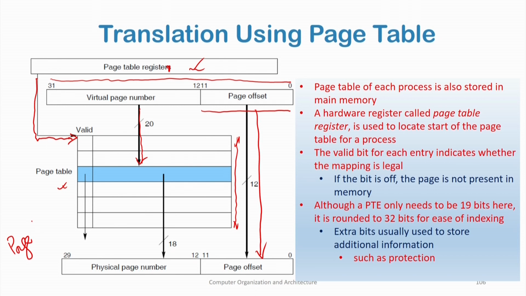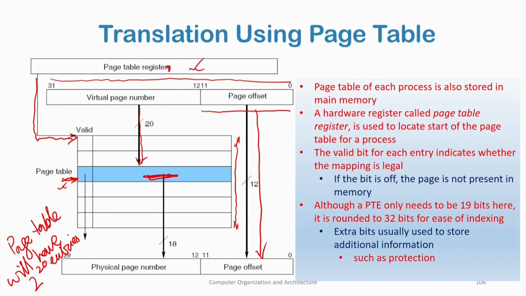Let us say, corresponding to this virtual page number, these 20 bits are the index, and this is the physical page number.